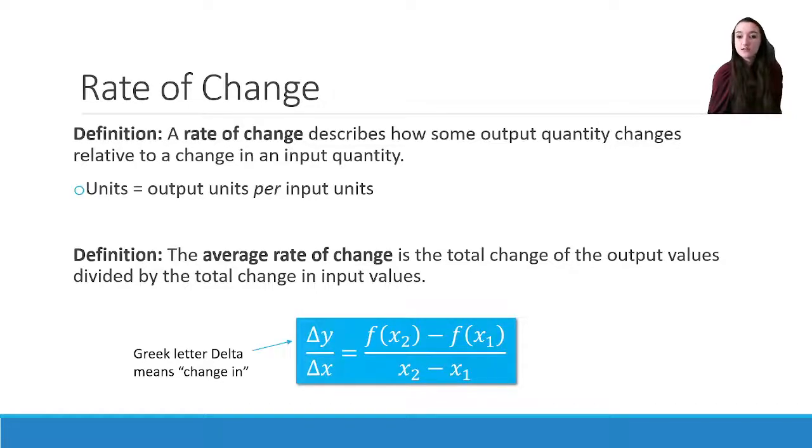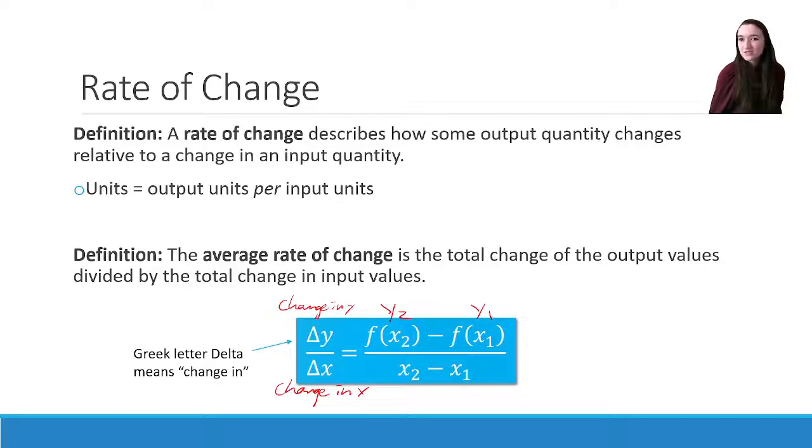Then f of x2 minus f of x1. All right. So remember when we defined function notation that y equals f of x, right? So in other words, f of x2 is the same thing as saying y2, and f of x1 is the same thing as saying y1. So we have change in y over change in x equals y2 minus y1 over x2 minus x1.